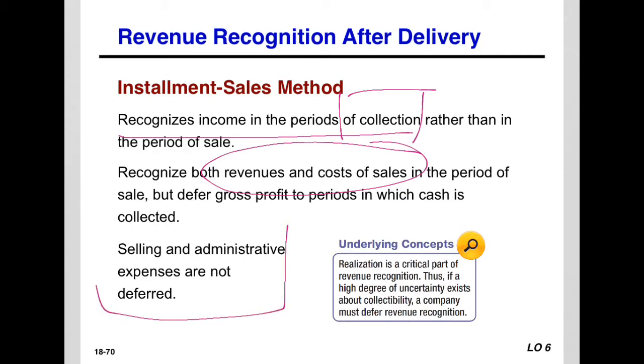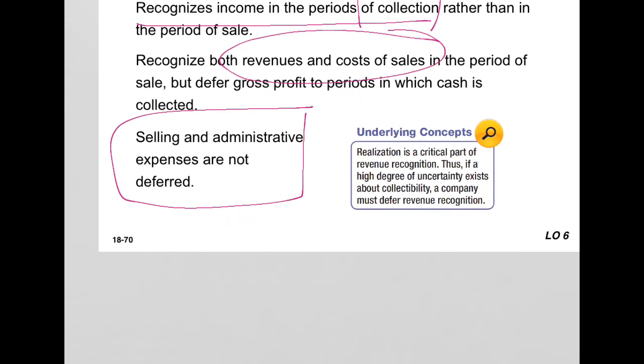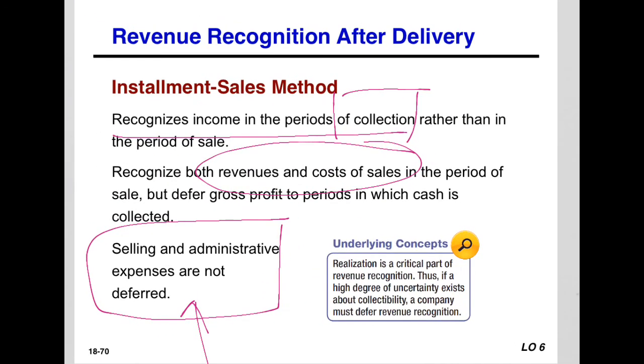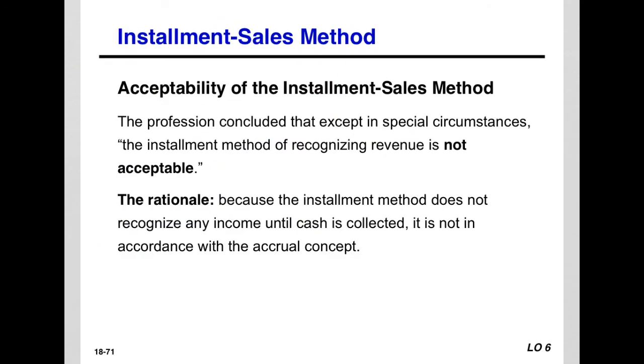Notice that the selling and administrative expenses are not deferred. They're expensed when they happen. It's just the gross profit that we're concerned about delaying with this installment method, and again, based on the doubt as to getting fully paid. And here you see a sort of theoretical discussion that the profession, what profession?